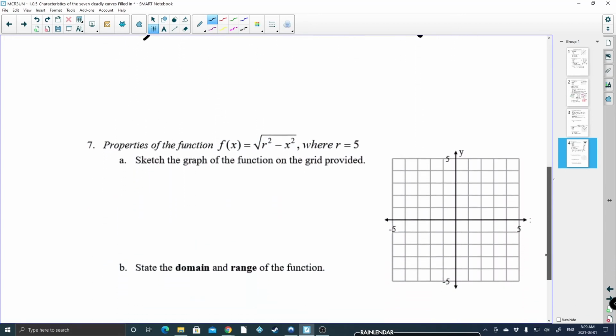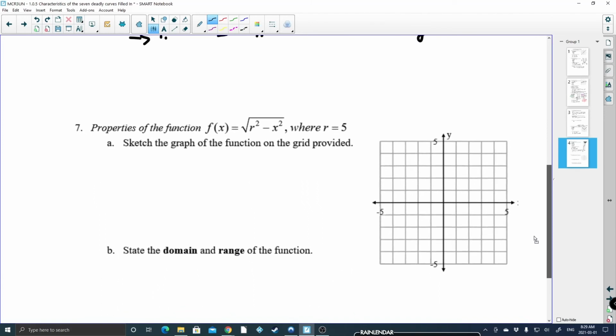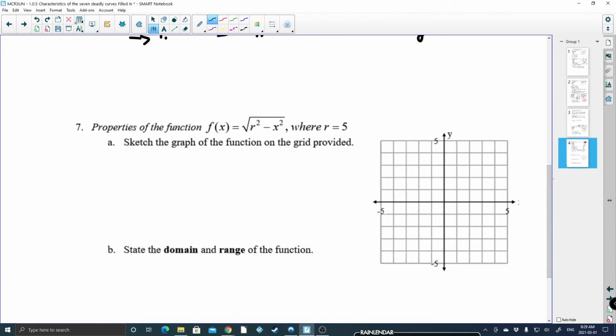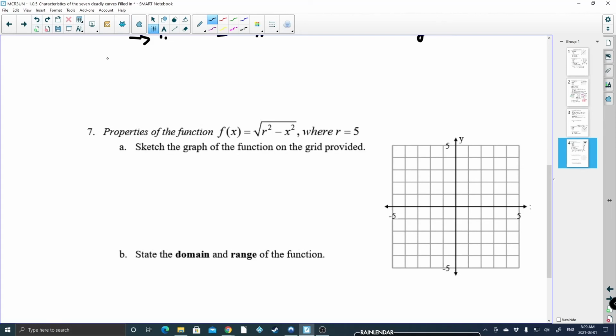And our last graph here is an interesting one. This is a graph that actually has 2 variables on the right-hand side, which usually doesn't happen, but we're setting one of the variables equal to 5.